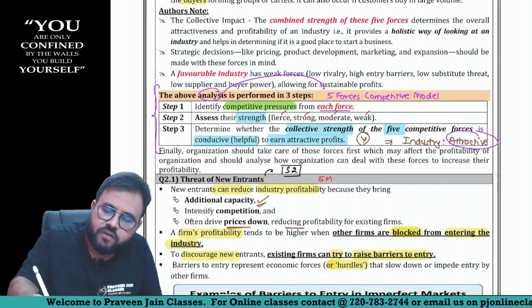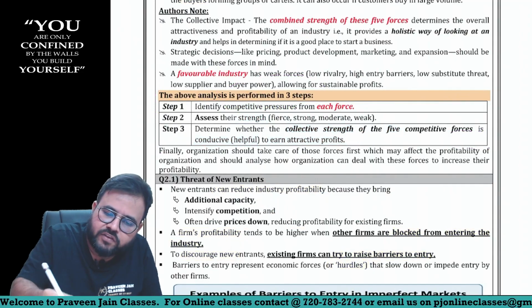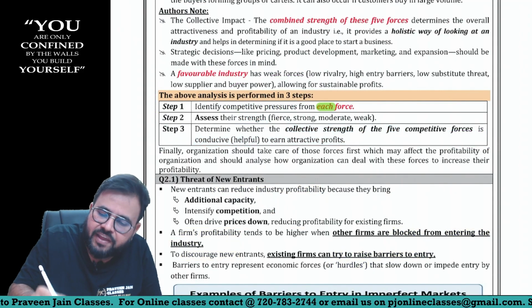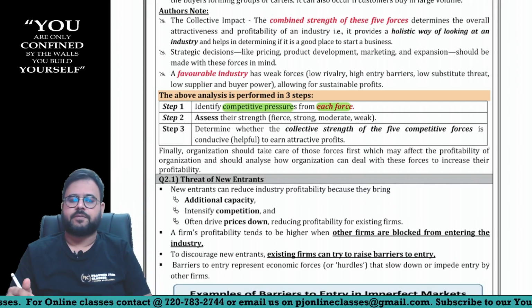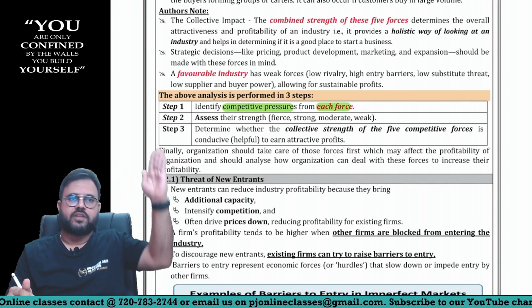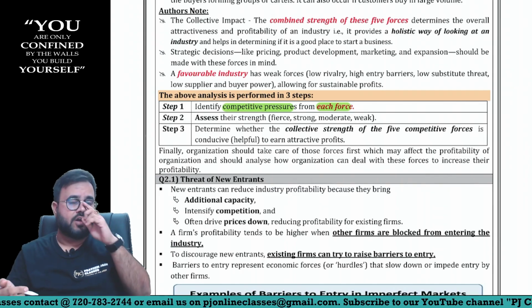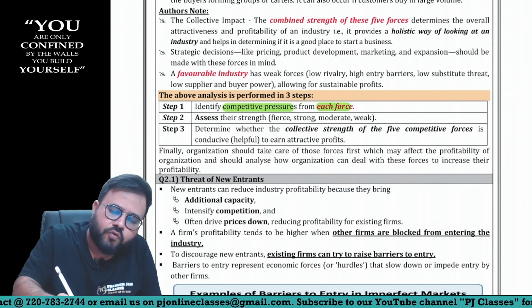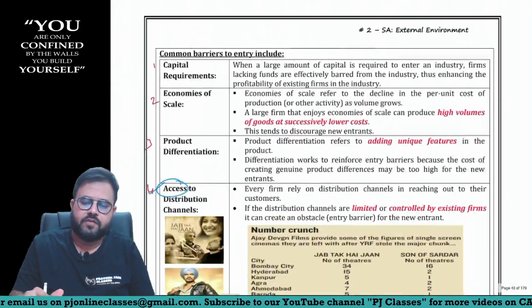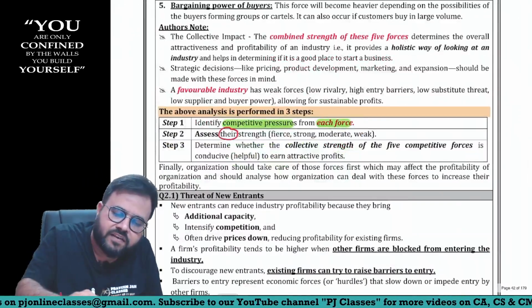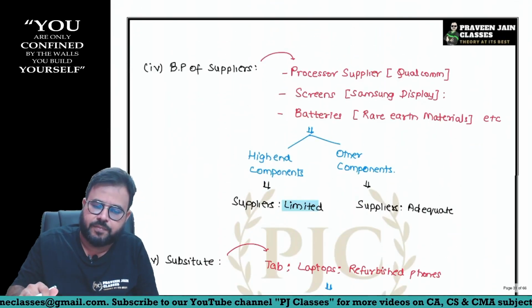See Raja, what is step number 1? Two things you have to do. First you have to identify each force. For each force you have to find out the competitive pressure. So one side I wrote the force, another side I wrote the competitive pressure. Now step 2, what do you have to do, sir? You have to assess their strength. Write down step number 2.